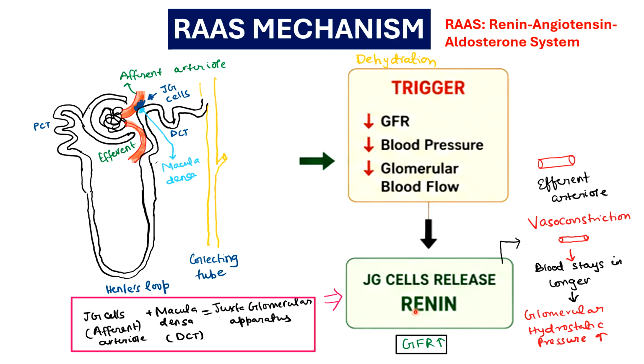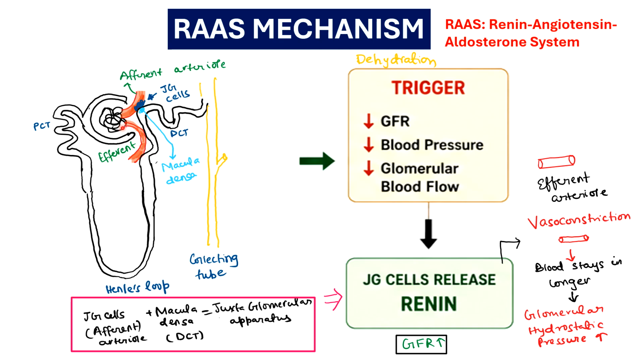This renin acts as a specific vasoconstrictor. Renin leads to a pathway, which we will look at a little later, that leads to the specific vasoconstriction. This vasoconstriction is specific for the efferent arteriole, unlike the ADH, which causes generalized vasoconstriction.